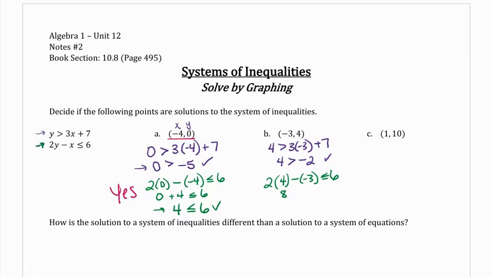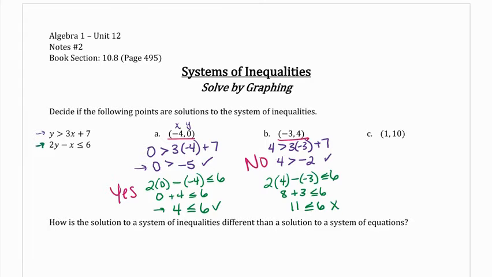That would be 8 plus 3. 11 is less than or equal to 6. Now, 11 is definitely bigger than 6. It is not less than or equal to 6. So that would mean that no, this ordered pair is not a solution to that system of inequalities. It doesn't work for both inequalities, so it's not a solution.